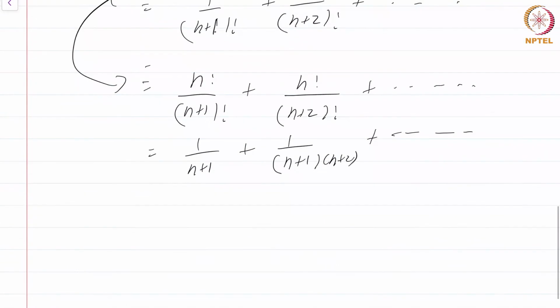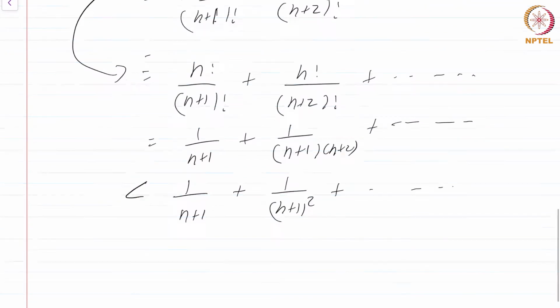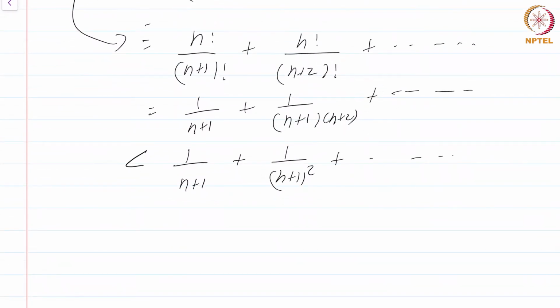Which is certainly going to be less than, in fact strictly less than, I can be more precise, 1 by n plus 1, plus 1 by n plus 1 squared, plus so on, which is a geometric series. So we have to compute the sum. This is in fact equal to 1 by n plus 1 divided by 1 minus 1 by n plus 1, right?